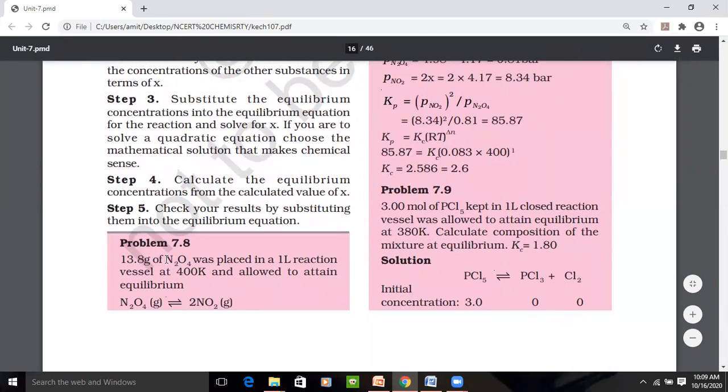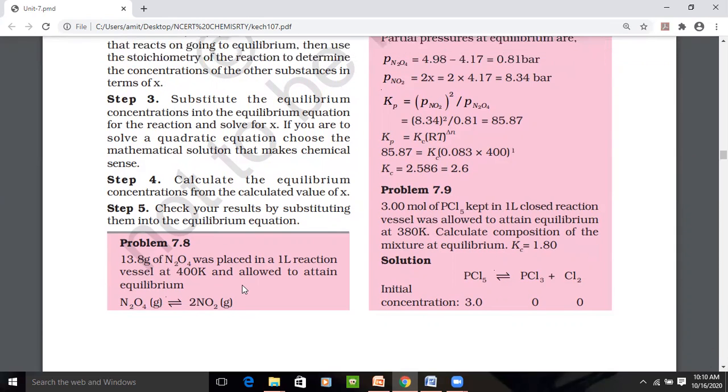We can see that 1 mole of N2O4 gives 2 moles of NO2. To find the change, you subtract the moles of reactant from the product, so 2 minus 1 is equal to 1. So delta n will be 1. We put 1 here, calculate it, and get our answer, 2.586. That is the value of Kc.